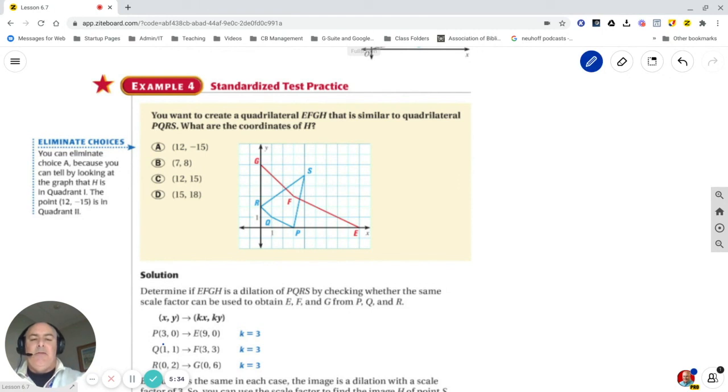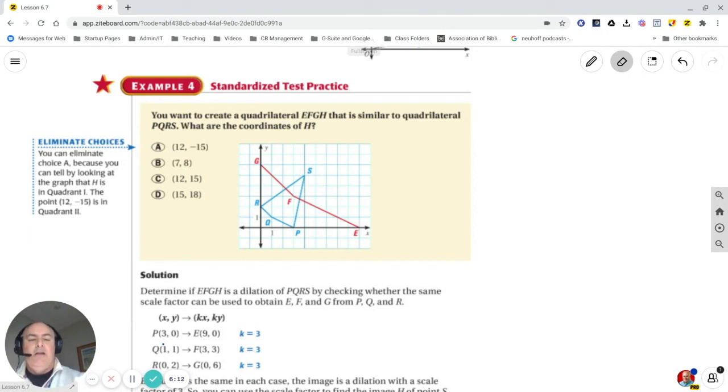Here's an interesting example because I have an entire initial drawing, but only part of a second drawing. To figure out where the last point is going to be out here somewhere, I have to figure out what my scale factor is, because I know R relates to G, Q to F, P to E. S is going to relate to this value way out here, which is H, and I don't know what H is yet.